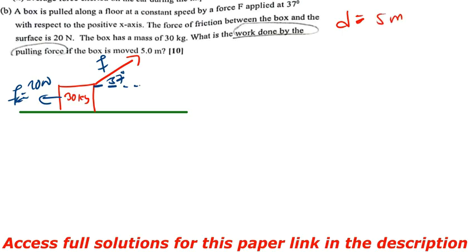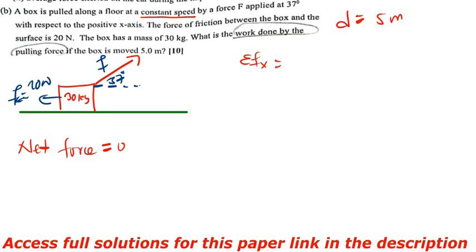So the summation of forces in x direction: when something is moving at a constant speed, take note here, the net force is 0. So this will be replaced by 0. In short, the acceleration is 0.